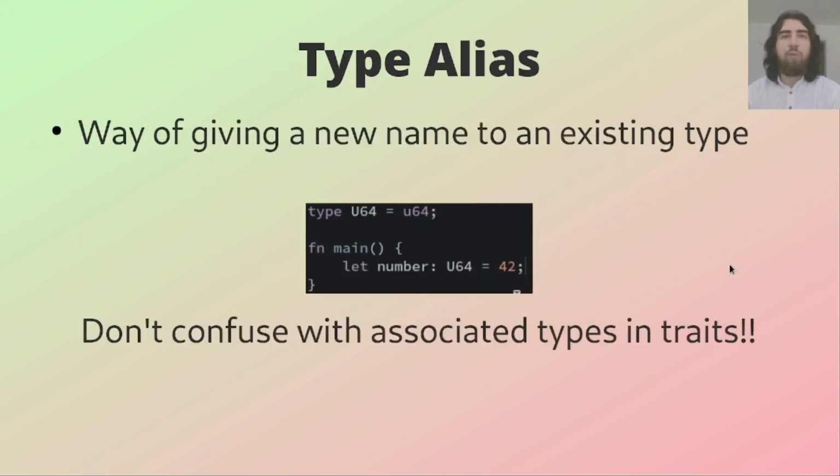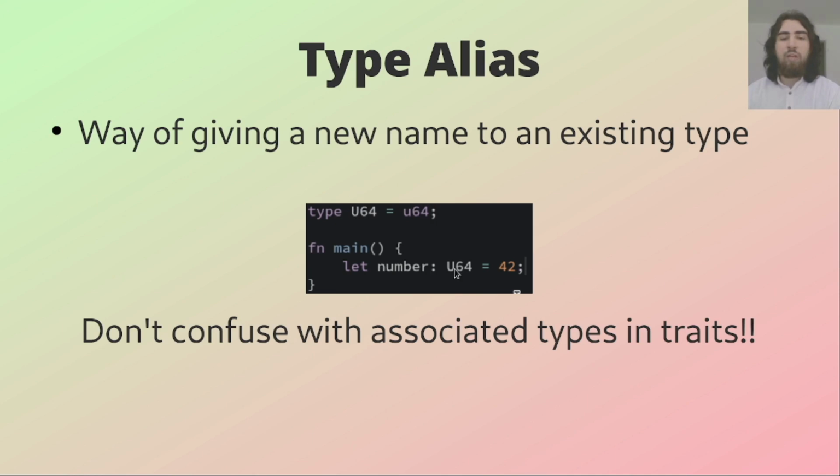And there is also a concept called type alias. So it's basically just a way of giving a name to an existing type. So if you like to write u64 like this, then you can create a type alias, meaning we can use the type keyword and provide a new name for a specific type.